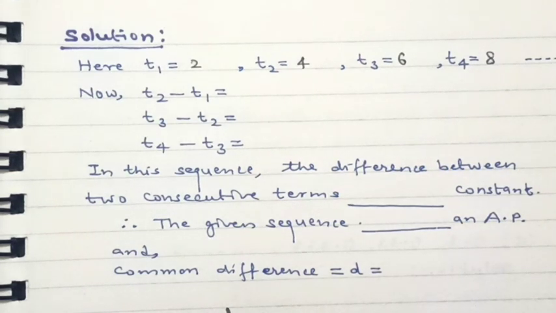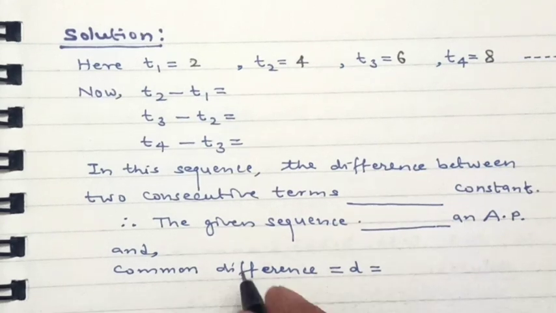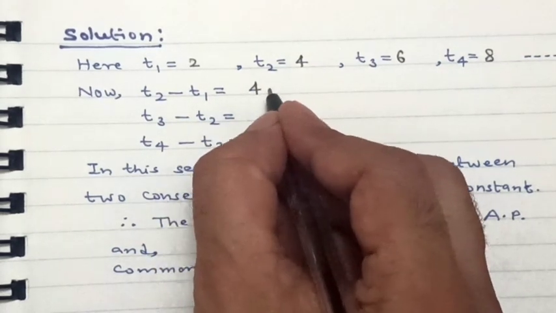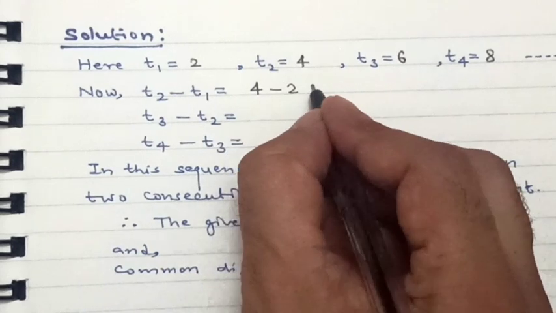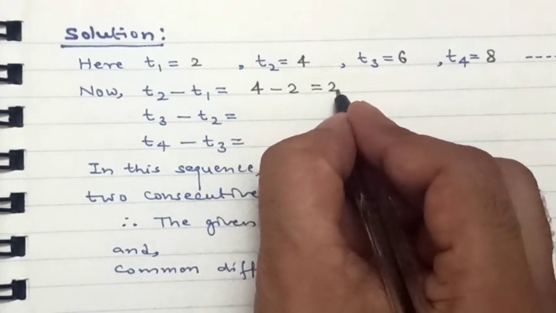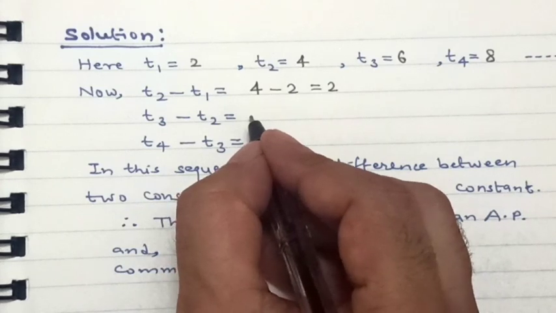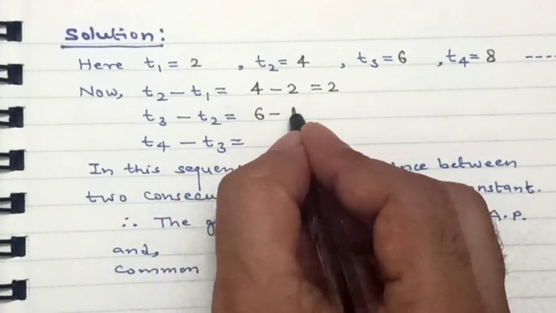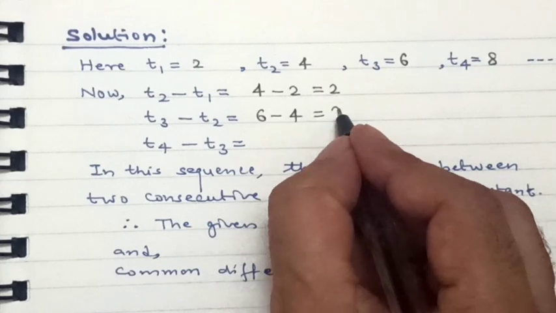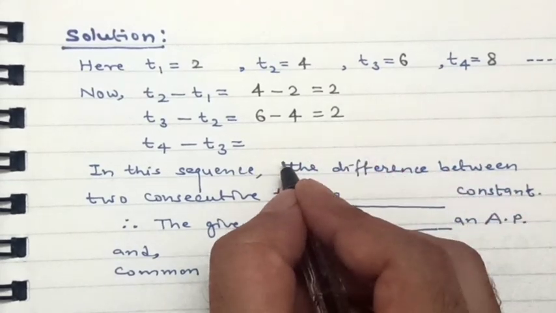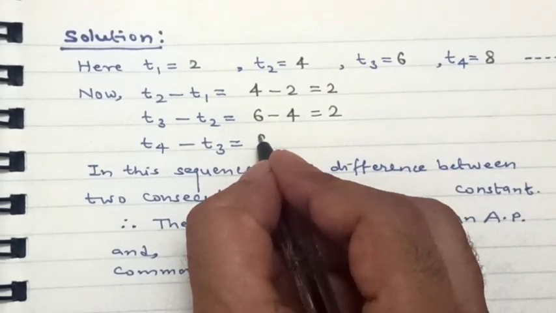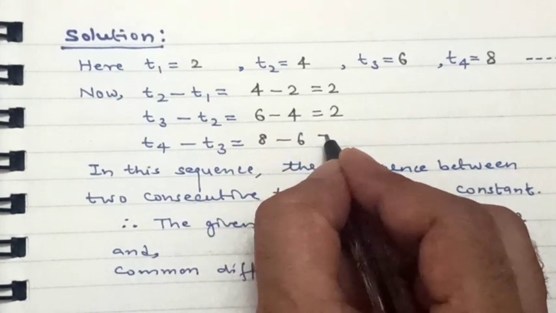Find the difference between two consecutive terms. That means T2 minus T1. T2 is 4, T1 is 2, which will be equal to 2. T3 minus T2, that is 6 minus 4, which will give you 2. T4 minus T3, that is 8 minus 6, which will be equal to 2.